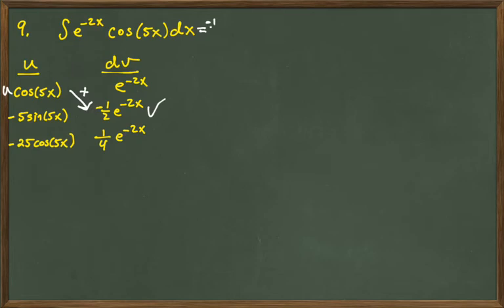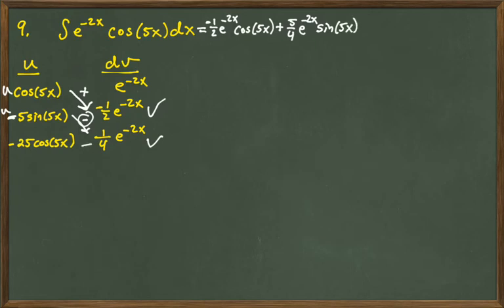So we're going to have negative 1/2 e to the negative 2x cosine of 5x, and then minus the integral of v du, but then we're going to do integration by parts again, so we get a u, and we get another v. But we have this minus sign because the integration by parts formula has a minus sign in there, and we have a minus sign also here, so those are going to offset. So we have plus 5 over 4 e to the negative 2x sine of 5x.